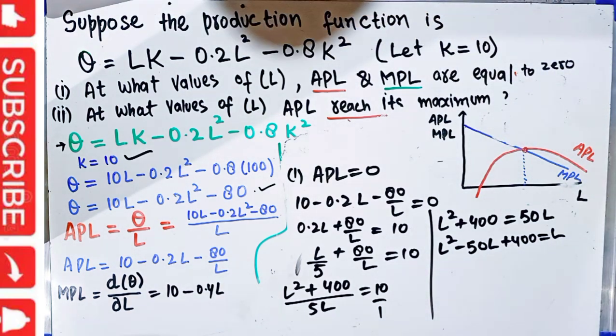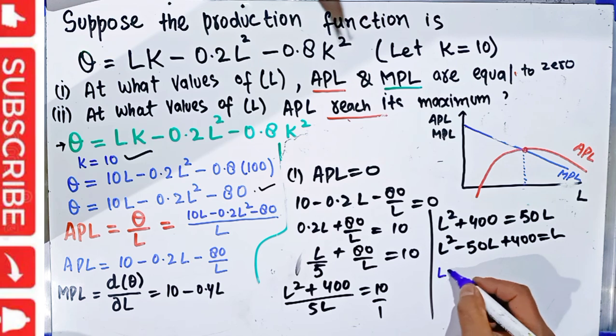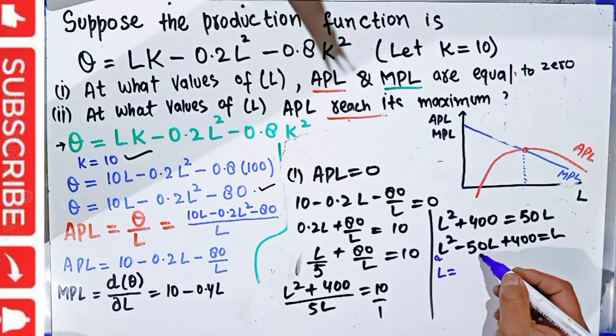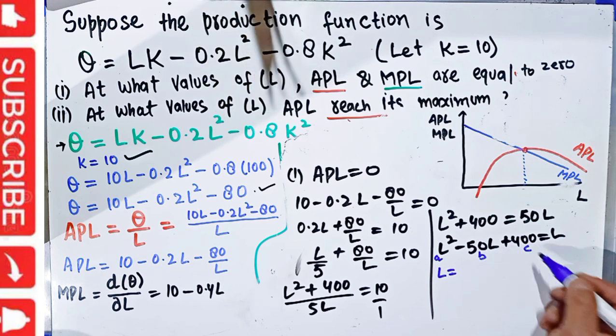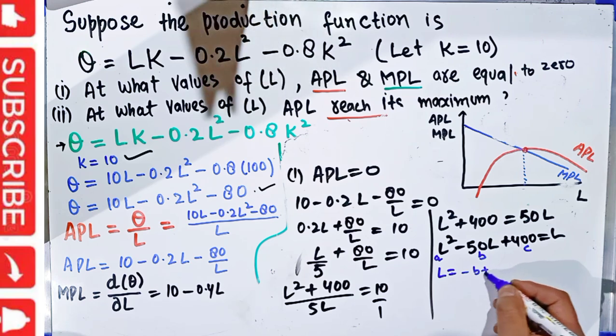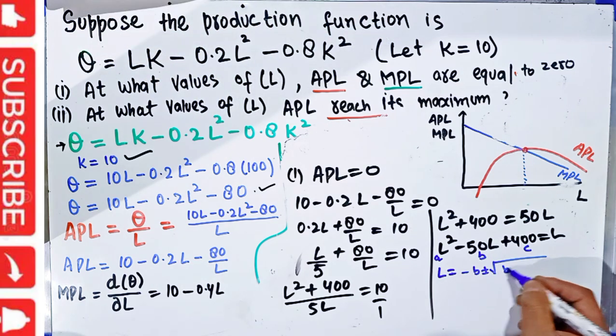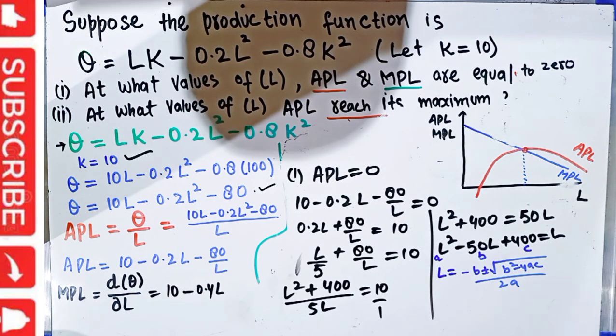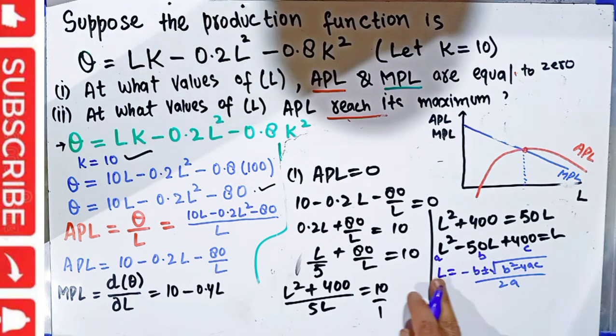Now this is a quadratic equation. We can solve it by using the quadratic formula. Let us say the coefficient of L² is A, the coefficient of L is B, and the constant term is C. We use the quadratic formula: L = (-B ± √(B² - 4AC)) / 2A. Now let's use the values here.